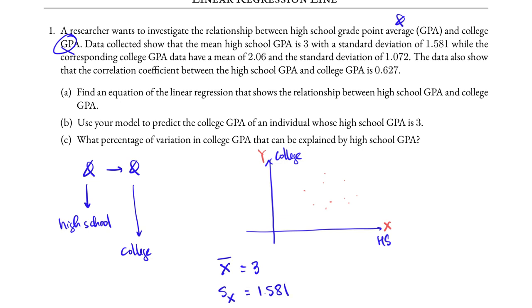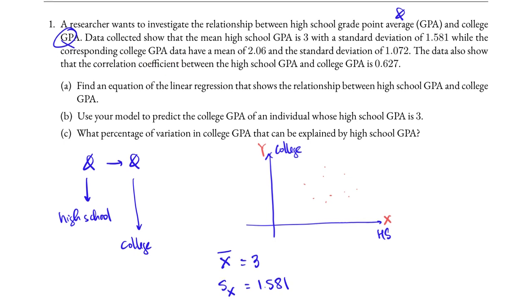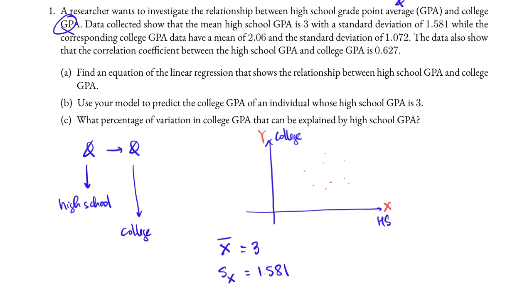Next, the corresponding college GPA data have a mean of 2.06 and a standard deviation of 1.072. We label the college GPA as Y, and so we have y bar, the mean college GPA, 2.06, and the standard deviation of the college GPA, s sub y, is 1.072.